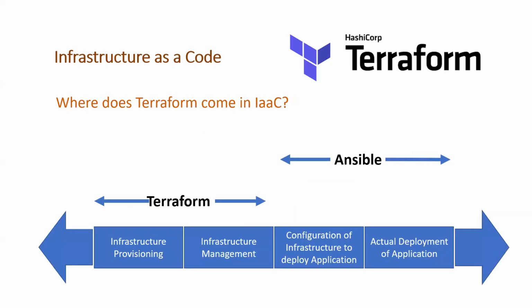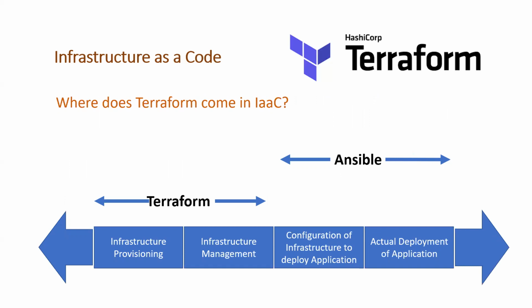Okay, so where does Terraform actually come in infrastructure as code? We already talked a lot about this slide in our previous slide, right? Now we know infrastructure as code consists of three tasks: infrastructure provisioning, then configuration of your provisioned infrastructure, and then actual deployment. So now we know where Terraform comes in: to provision infrastructure and to manage infrastructure.